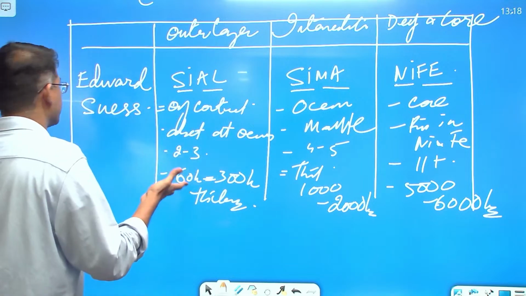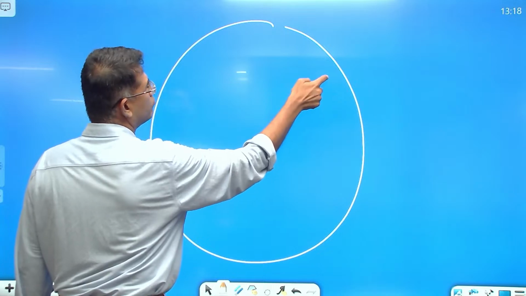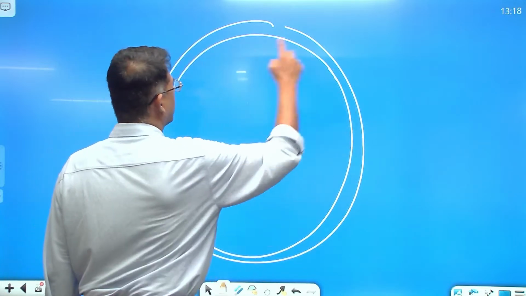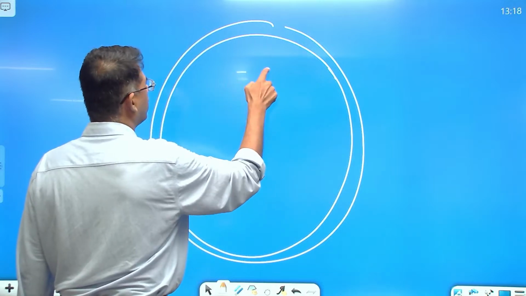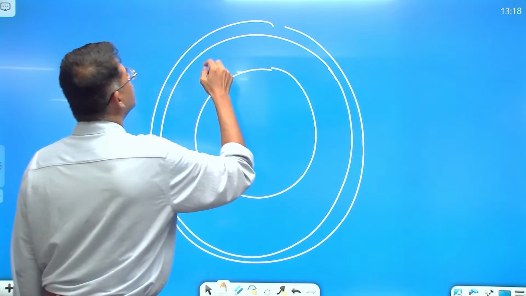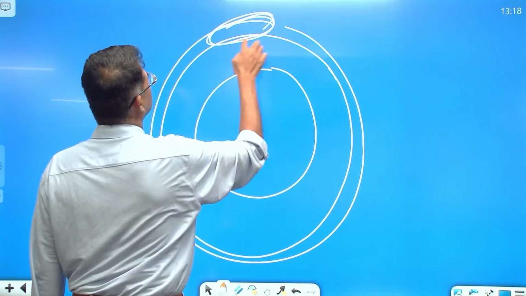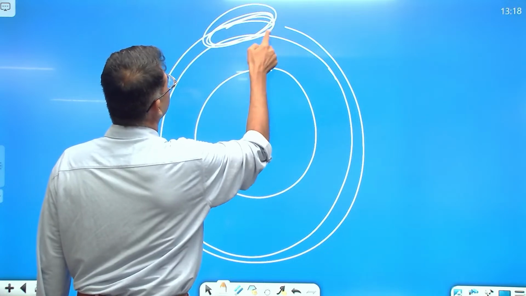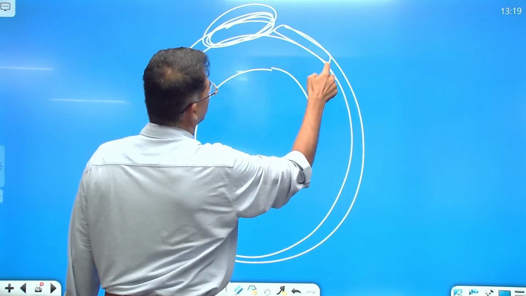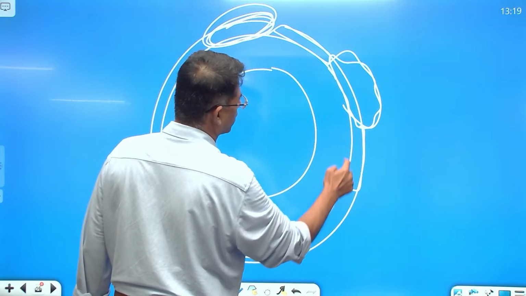See, what he is saying is this. This is the earth, and maybe this is the outer layer. This is where Sial is. And then this is the ocean, another Sial continent, and then the ocean.